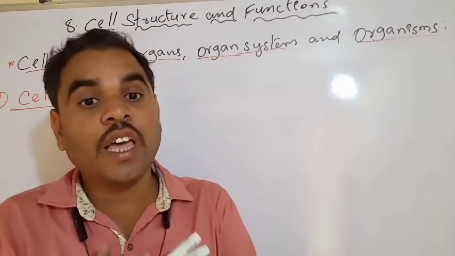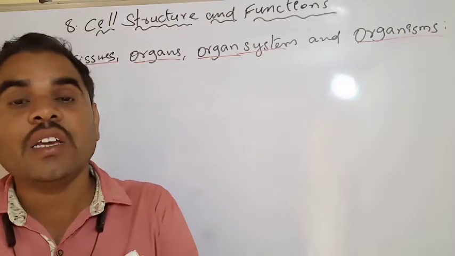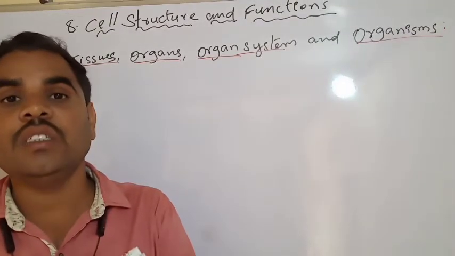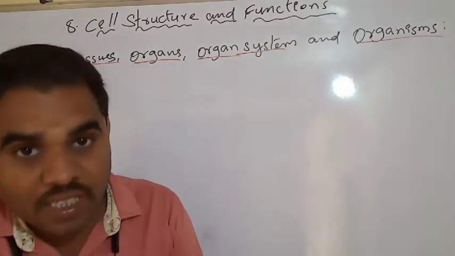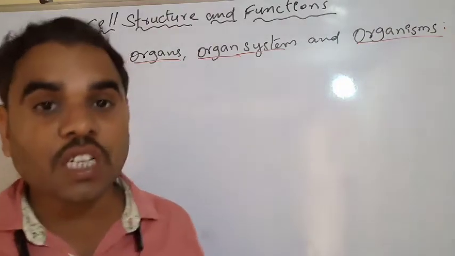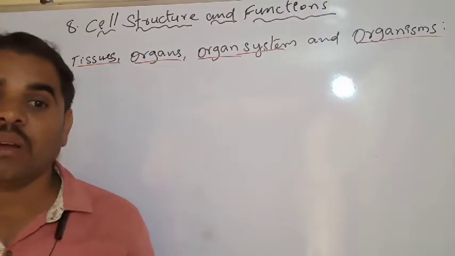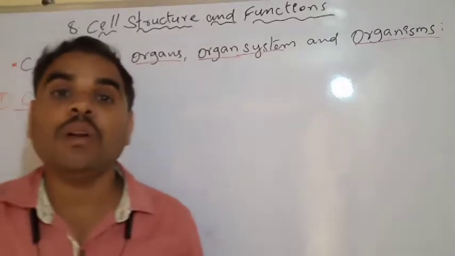Now take an 8th standard student: their weight is 25, 30, 35 kg. It means the weight is increasing. If the weight is increasing, it means the number of cells in our body is growing.